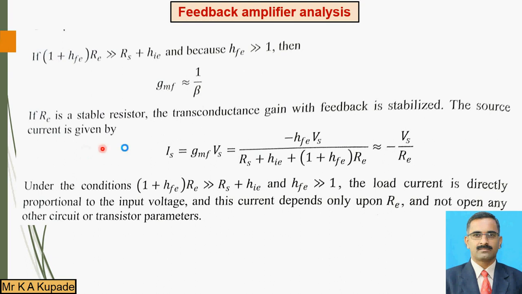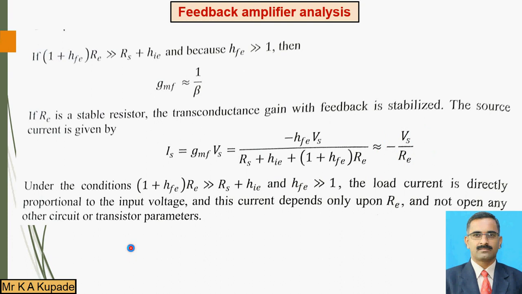If RE is a stable resistance, the transconductance gain with feedback is stabilized, and the source current is given by this equation, which finally gives Is equal to minus Vs upon Re. So remember this equation.